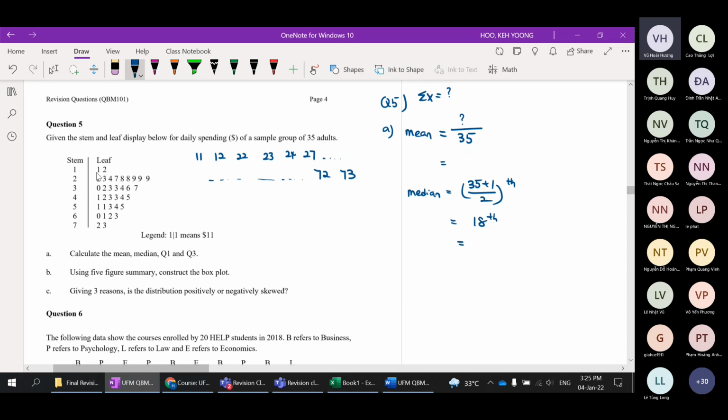So you have to count one by one. 1, 2, 3, ... 9, 10, 11, 12, 13, 14, 15, 16, 17, 18. So this is the 18th value, so your median is 37.